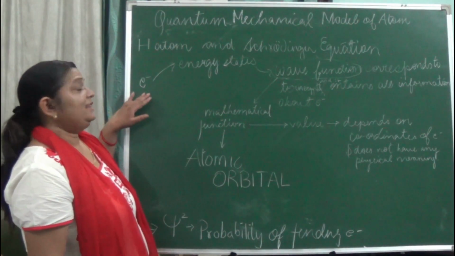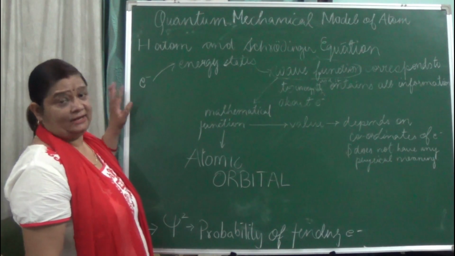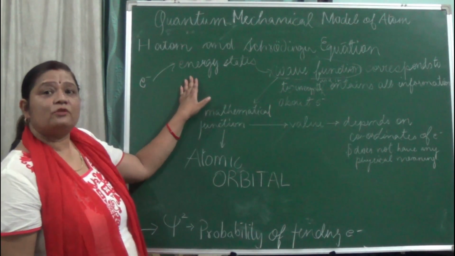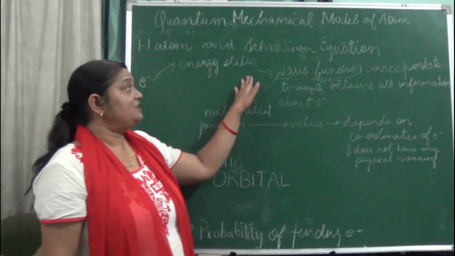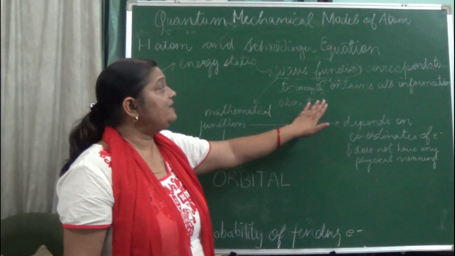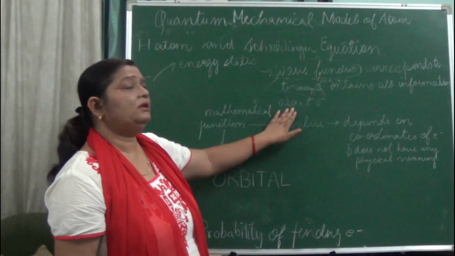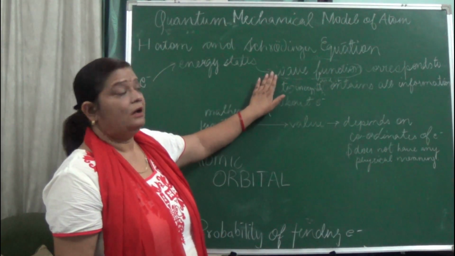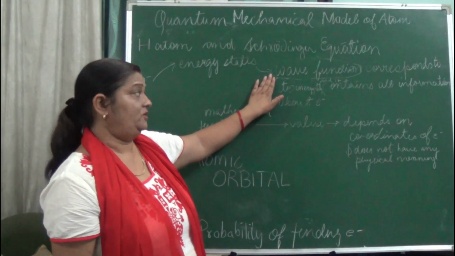Now the electron present in different energy states has a wave function. This wave function corresponds to the energy states, and it contains all the information about that energy state.